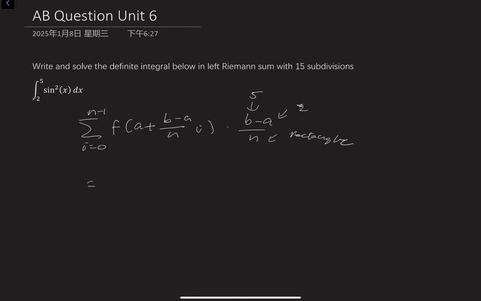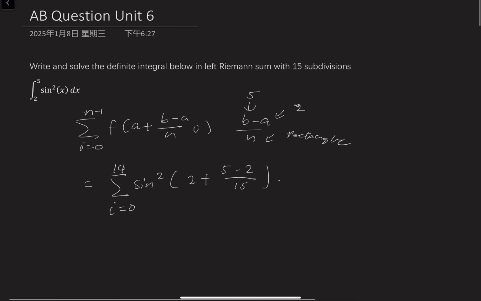So let's see. We take the sum from i equal to 0 to n minus 1. There's 15 subdivisions, so it's 15 minus 1, equal to 14. The function f is sine squared. a, which is the lower limit, is 2, plus b, the upper limit, is 5, minus a, which is 2, over n, which is 15.